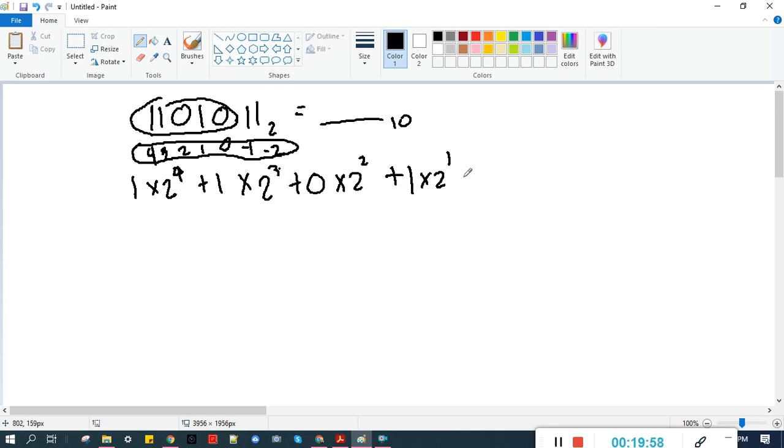Plus 1 times 2 to the negative 1 plus 1 times 2 to the negative 2.